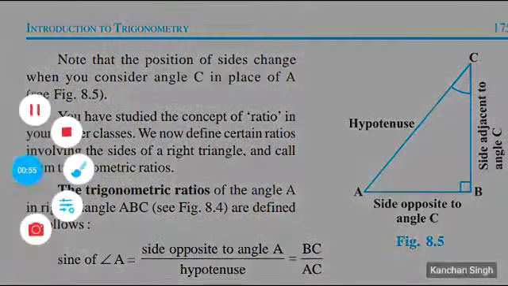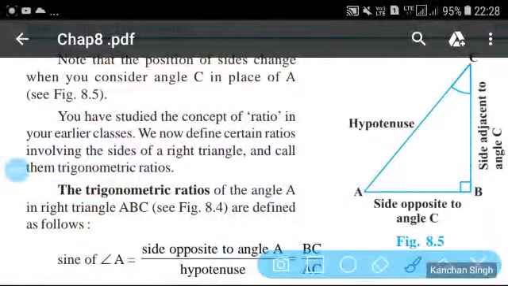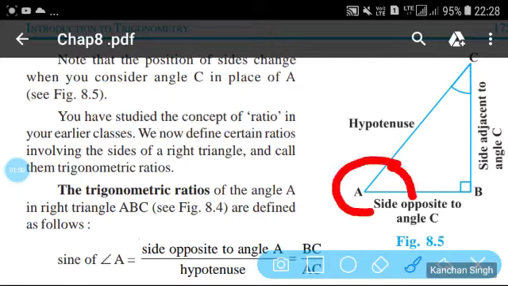To find sine A, we have to deal with this angle A. Sine A is the opposite side by hypotenuse. When we discuss sine A, we have to remember: opposite side by hypotenuse.